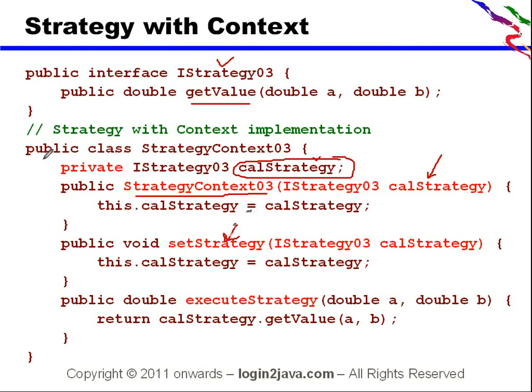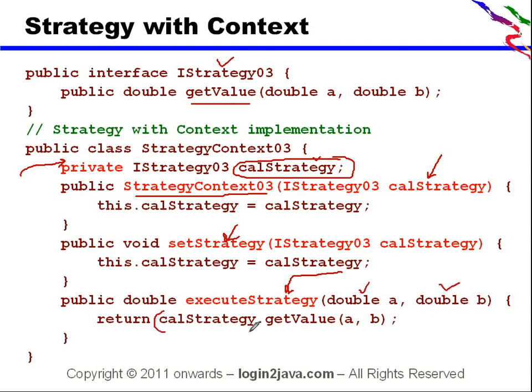Definitely the missing thing is here at this place, the context data, but you can easily imagine that there can be some data common to all these strategies. We can have those data over here, right? And then we have a method execute strategy, which will execute the strategy on two values A and B. Call strategy.getValue.